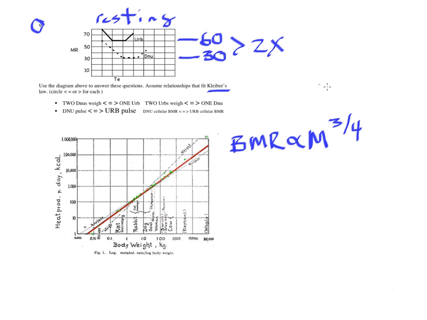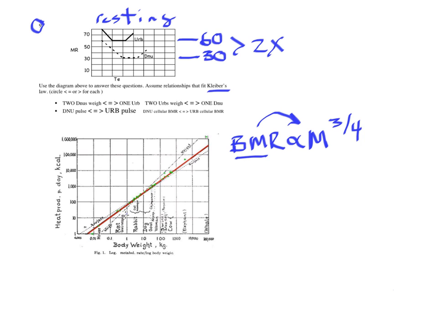Okay. So now we have basal metabolic rates, and maybe we can figure out what the relationship of masses is given those metabolic rates. So you can look at the red line. This is Kleiber's original publication graph of his results stating that basal metabolic rate is proportional to mass to the 3/4.